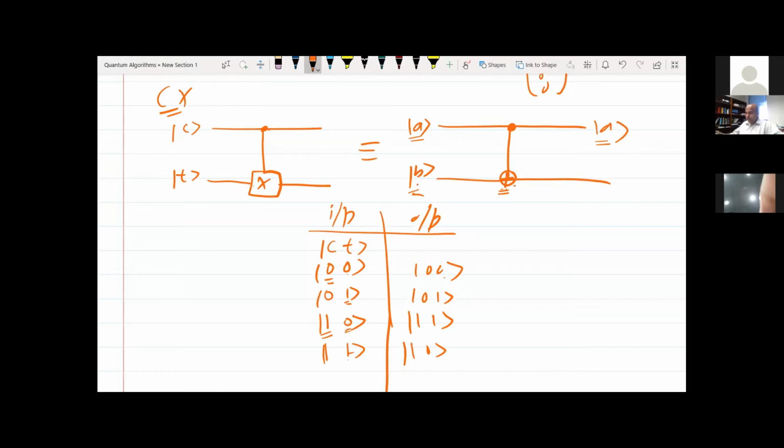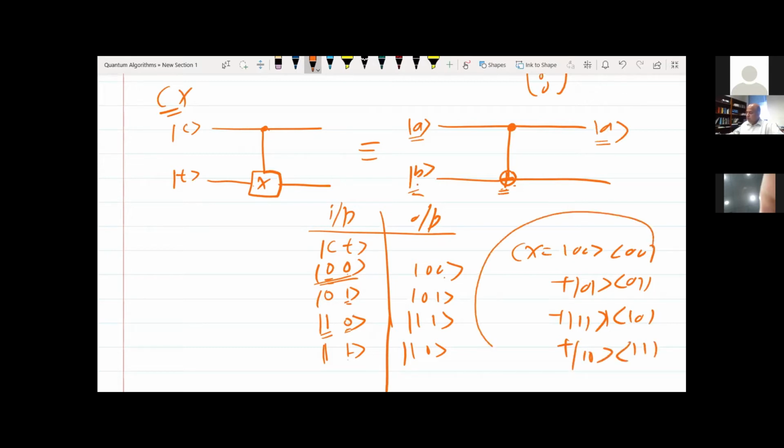And from this, we can actually prepare its operator form as well for this control X gate. This 0, 0 state converts to 0, 0, plus 0, 1 goes to 0, 1, plus 1, 0 goes to 1, 1, plus 1, 1 goes to 1, 0.